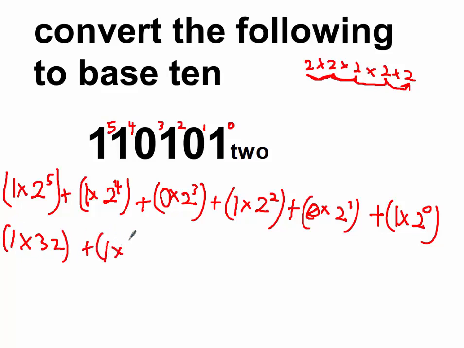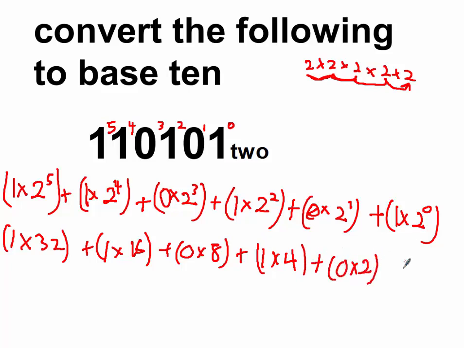plus 1 times 2 to the power 4 is giving us 16, plus 0 times 2 to the power 3, which is 0, plus 1 times 2 to the power 2 is giving us 4, plus 0 times 2, plus 1 times 1.